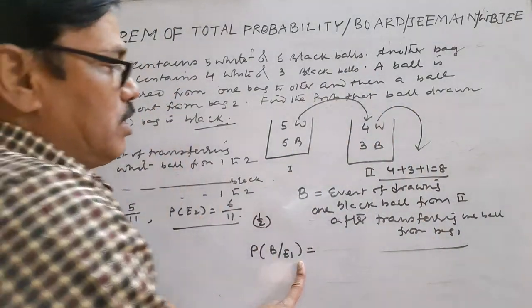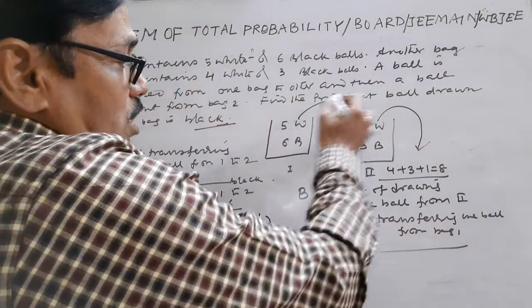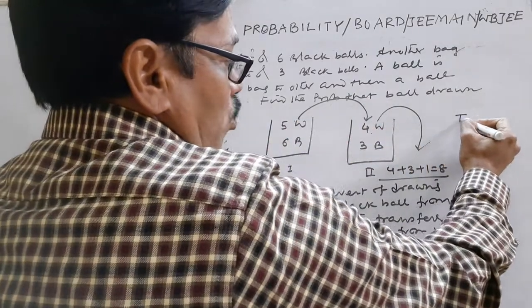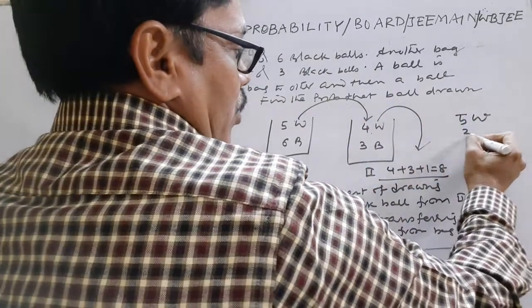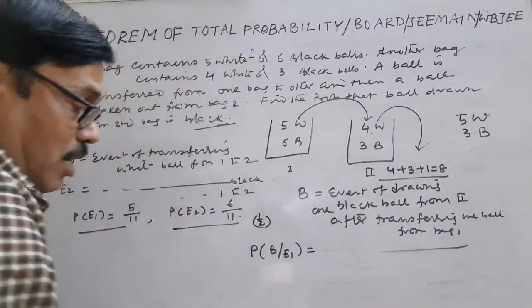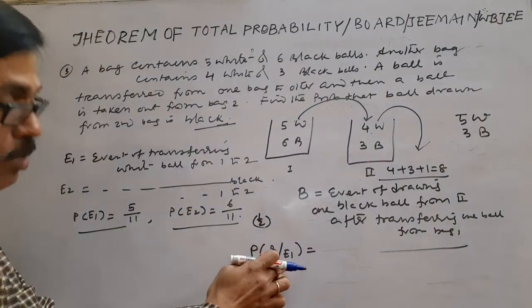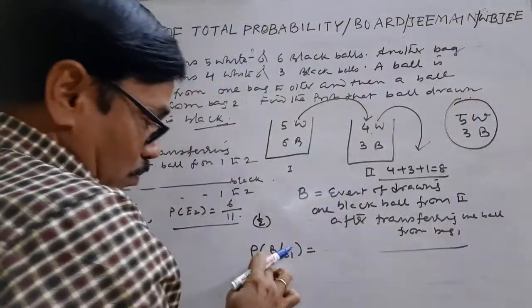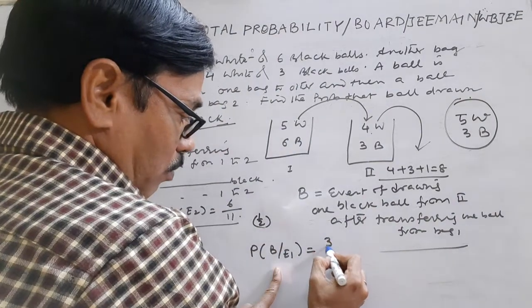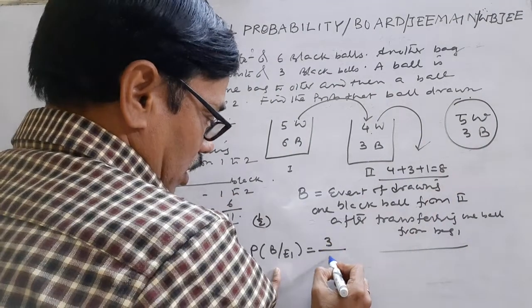So this step is important. When a white ball is transferred, one white ball is increased. So 5 white and 3 black, the black is the same. But you have to find B by E1. From this you have to take one black ball. So how many black balls? 3, and the total is 8.